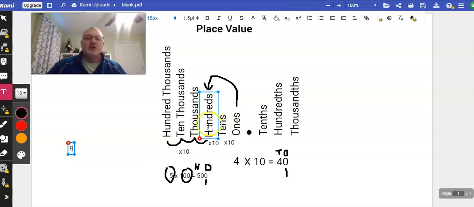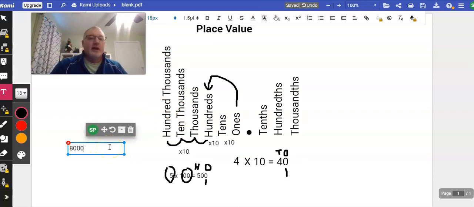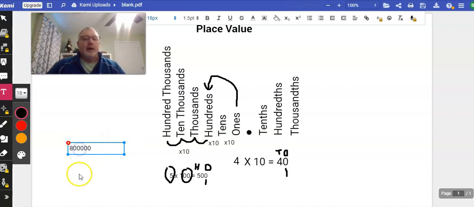And from tens to hundreds is 2, hundreds to 1,000 is 3, 1,000 to 10,000 is 4, and from 10,000 to 100,000 is 5. So how many zeros am I going to put in? I'm going to put 5 zeros in. Then I can go back and put my comma in after my 3 digits.